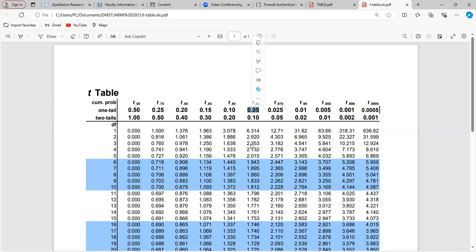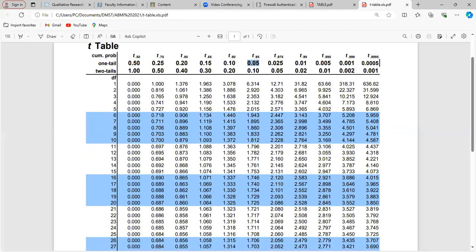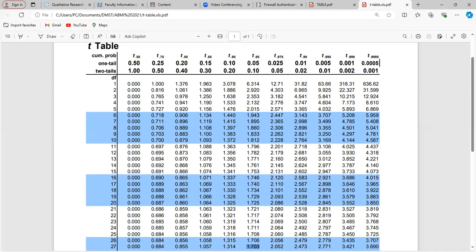Then I come down to 27 degrees of freedom, which is here. So this is the T value at 0.05 and 27 degrees of freedom. That's what I pick as my T table value.